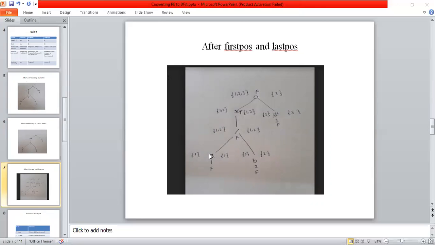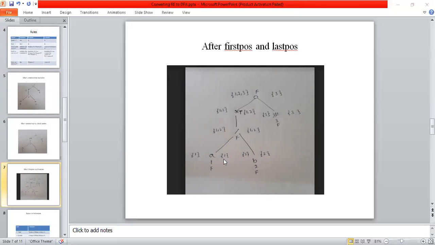Remember carefully, this one is C1, and 2 is C2. If the node is an OR node, then first position of C1 union first position of C2. First position of C1 is 1, first position of C2 is 2, so the union of these two is 1, 2. And similarly, the last position of this node is last position of C1 union last position of C2.